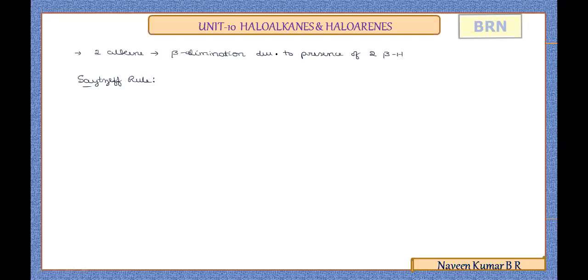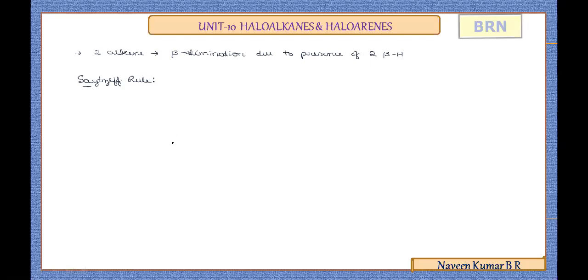Then we need to understand this rule, because without the rule we cannot explain which will be the major product and which will be the minor product. It is a very important concept in understanding the chemical properties of alkyl halides.